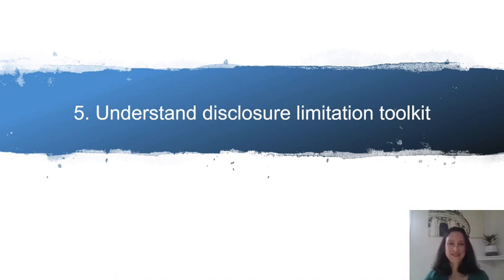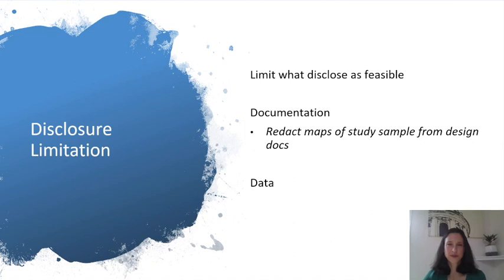So point number 5, understand our disclosure limitation toolkit. I know I've been talking about this throughout the session, but now I go into a little more detail about what some of these methods are. In my experience, disclosure limitation has two categories that we need to consider, and I've talked about this already. Documentation is one area where we need to think about disclosure limitation, and data, so statistical disclosure limitation.